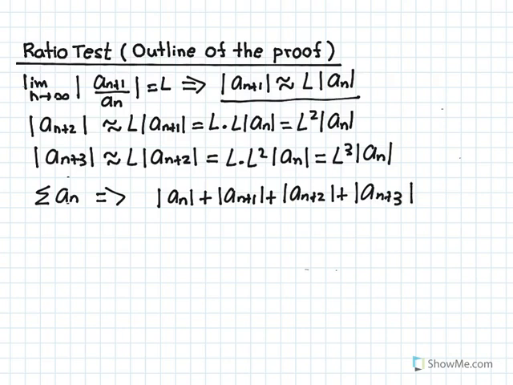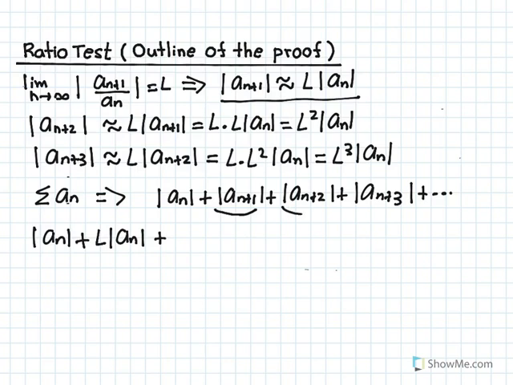We're going to look at the infinite tail of a series because the infinite tail of any series tells you whether it converges or diverges. Now, we have the absolute value of a sub n plus the absolute value of a sub n plus 1, which is approximately equal to L times the absolute value of a sub n.